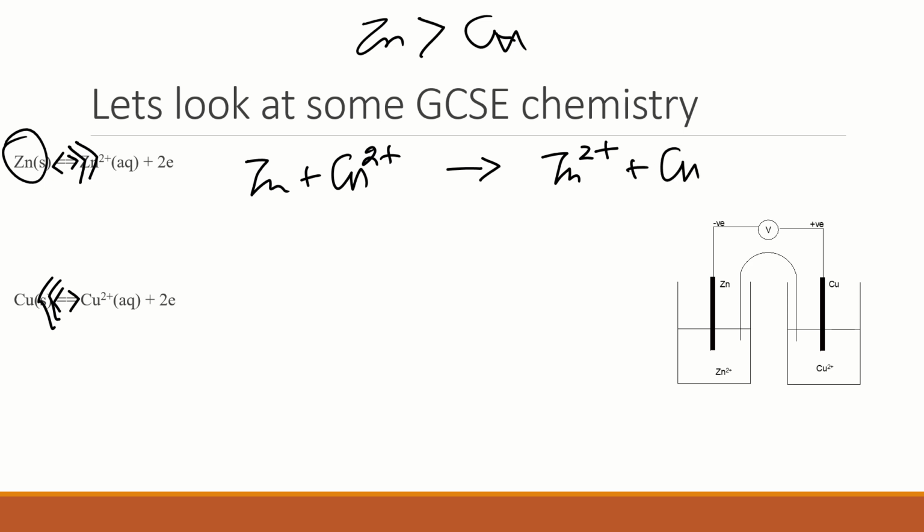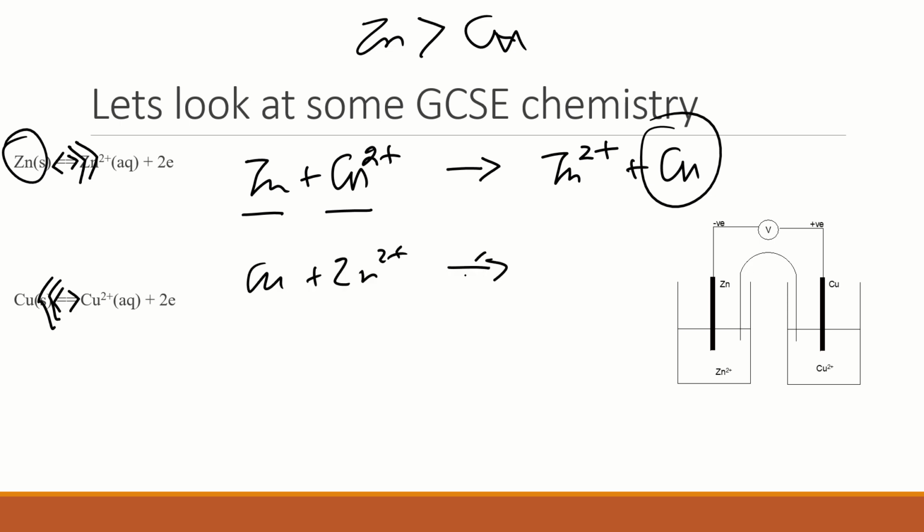Now, that is exactly what did happen at GCSE. If you remember, we said that zinc was more reactive than copper, and zinc could displace copper from a solution of its ions. That was our displacement rule, if you can remember that far back. I know it seems like a long time now. So if I said to you, well, would copper be able to displace zinc?